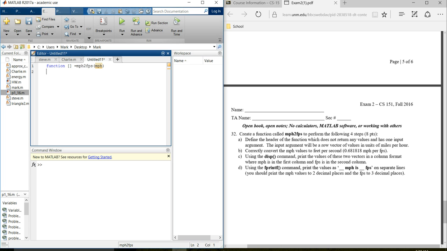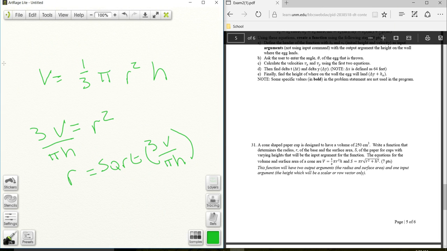And correctly convert the miles per hour values to feet per second. So 0.681818 mph per FPS.